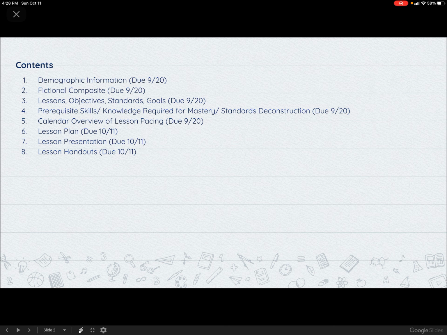The fourth one is prerequisite skills or knowledge required for mastery, standards deconstruction. The fifth one is a calendar overview of the lesson pacing. The sixth is the lesson plan. The seventh is lesson presentation. And the eighth one is lesson handouts.